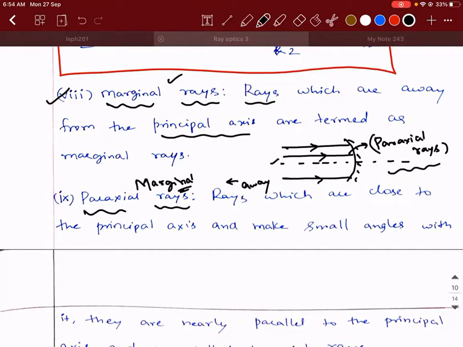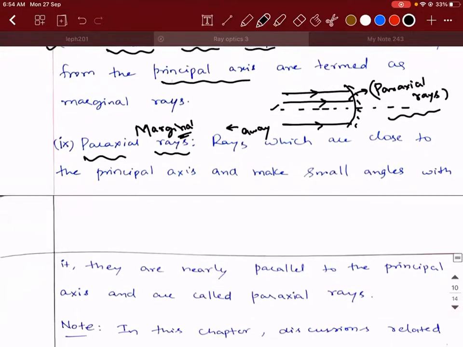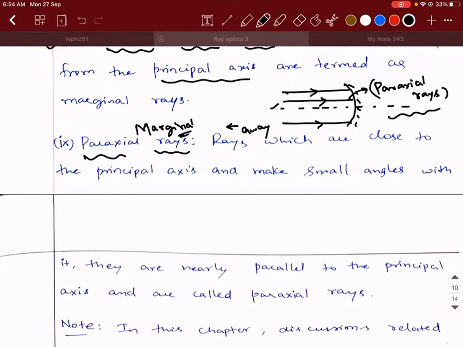If the rays are closer to the principal axis, we call them paraxial rays. Generally, when you talk about paraxial rays, these rays make very small angles with the mirror, since they are almost parallel to the principal axis. I told you all the angles are considered to be small. When you consider the mirror to be very small, the principal axis itself will be closer to the ends of the mirror.